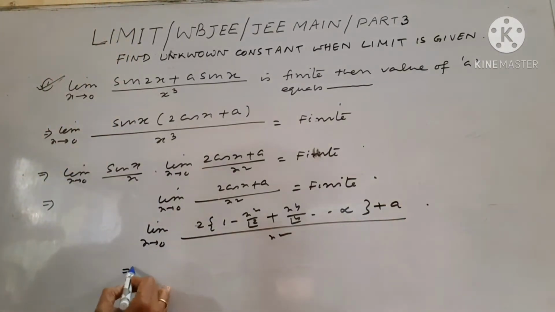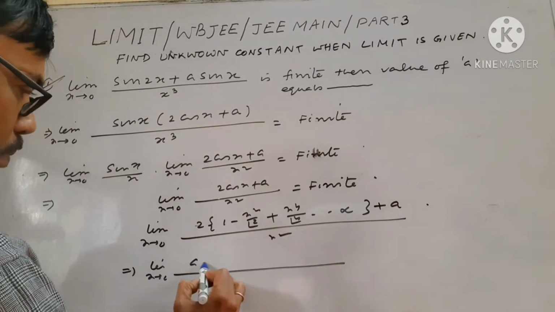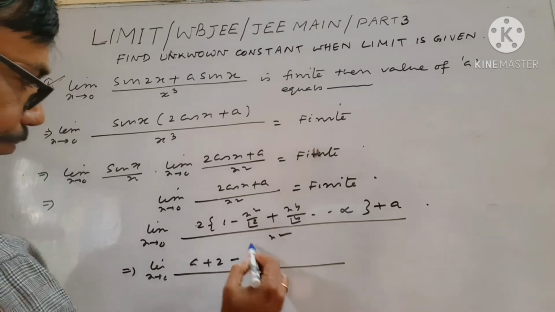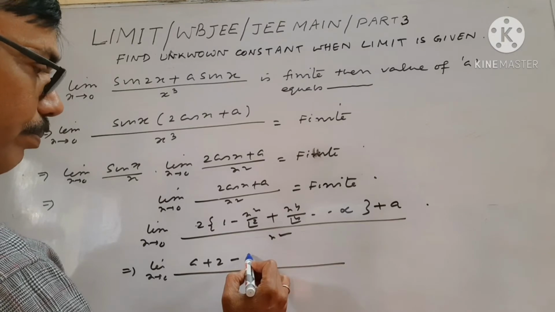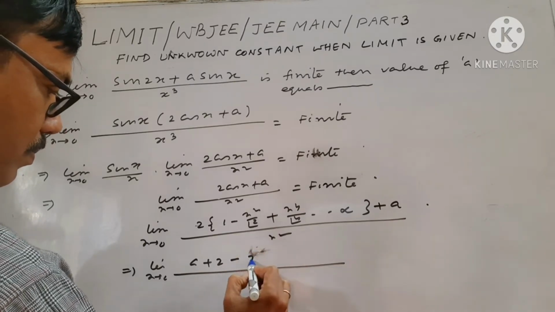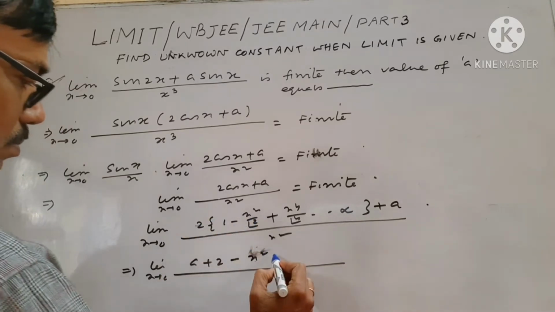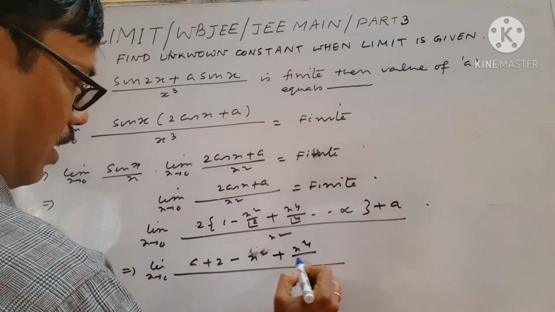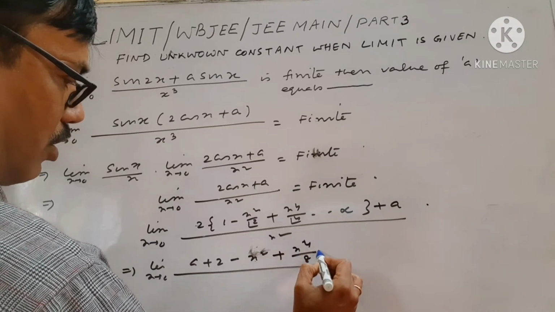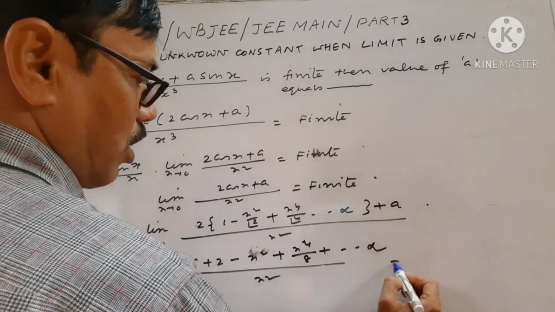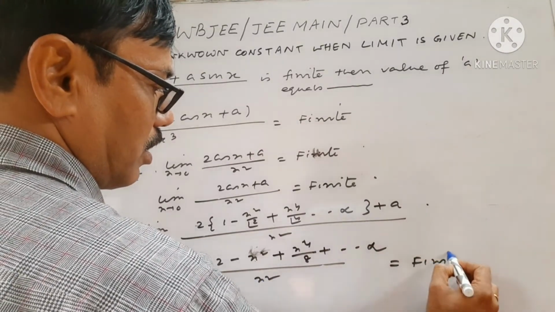So this implies limit x tends to 0, a plus 2 minus x square, the 2 cancels, plus x4 by 8 plus dot dot infinity, by x square equals to finite.